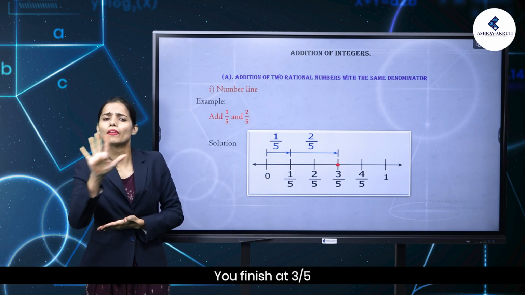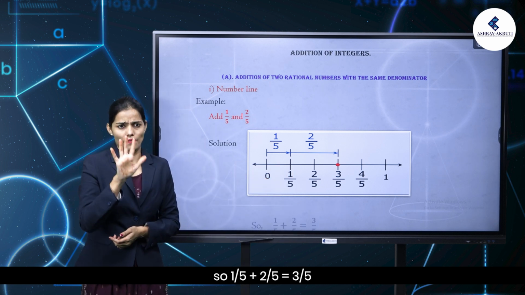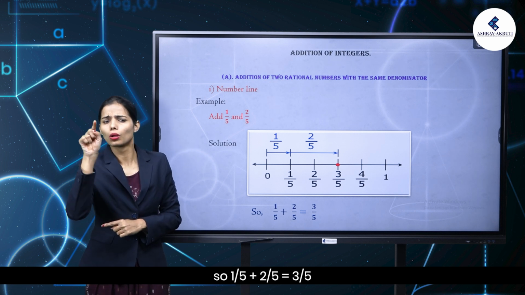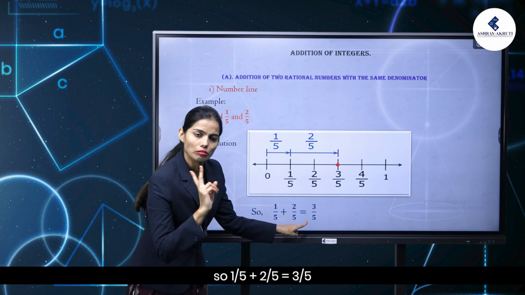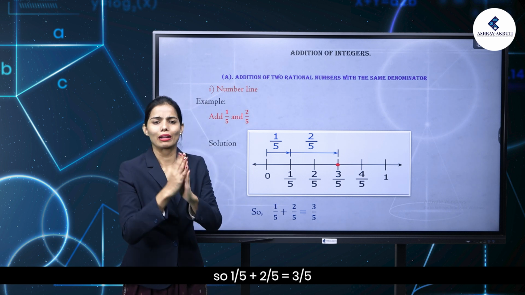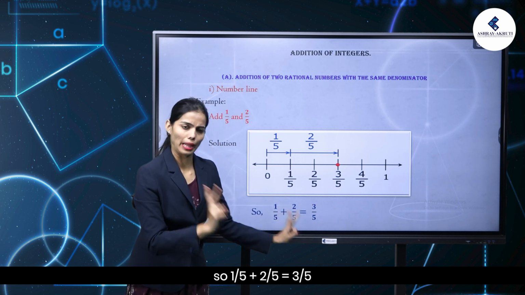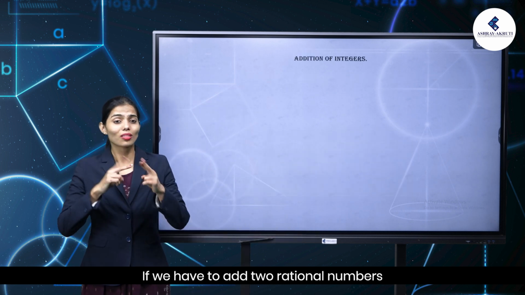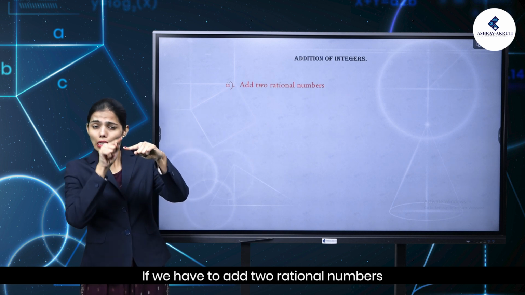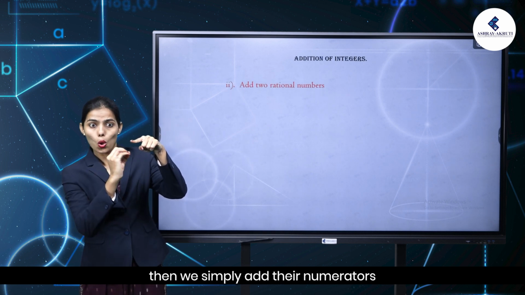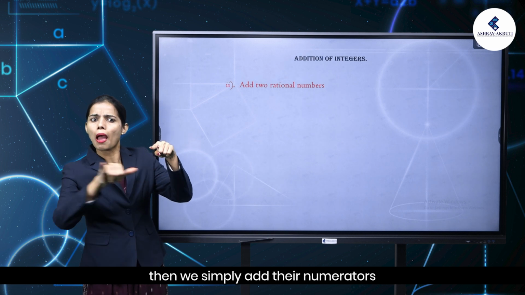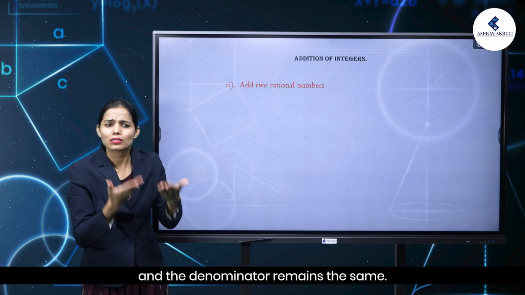You finish at 3/5. So, 1/5 plus 2/5 is equal to 3/5. If we have to add two rational numbers whose denominators are the same, then we simply add their numerators and the denominator remains the same.